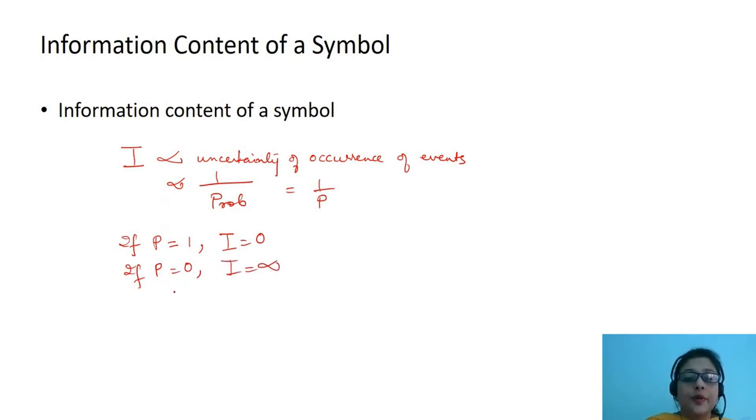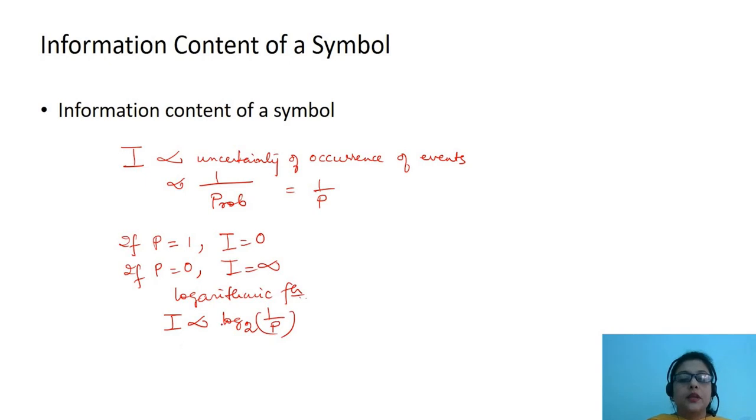So, it is basically a logarithmic function. And we can write I is directly proportional to log of 1 by p. So, I is proportional to log base 2 of 1 by p. Now, this base 2 happens because we are dealing with binary numbers.